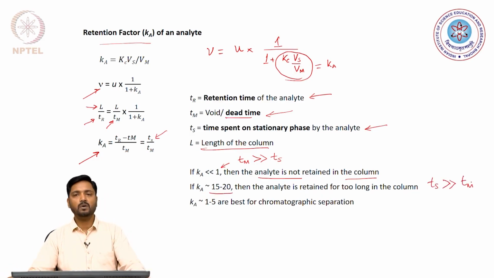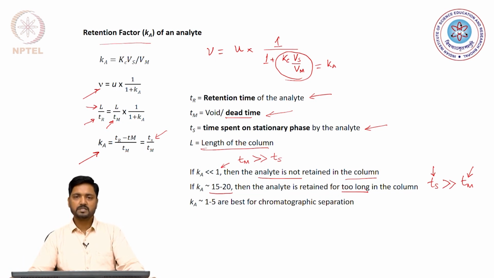On the contrary, if the Ka value or the retention factor is in the range of 15 to 20, then what we are implying is that the time spent by the analyte on the stationary phase, which is denoted by Ts, is much larger than the dead time or the void time of the column, and the analyte is staying too long within the column.